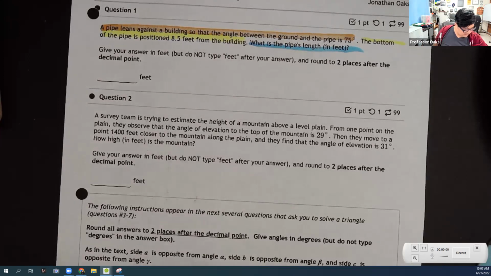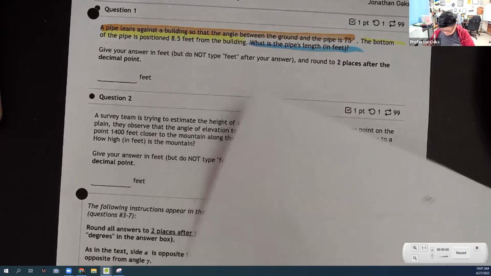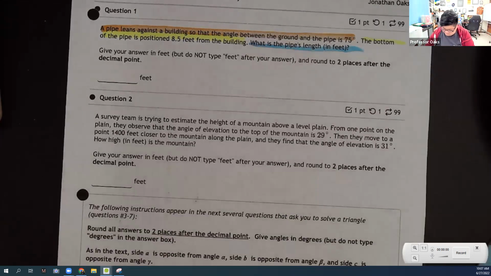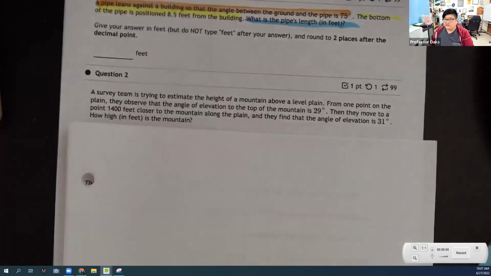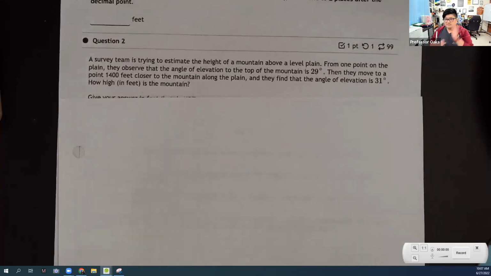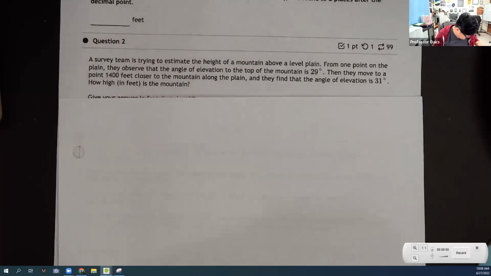All right, number two. So this is a common one where two triangles are involved. A survey team is trying to estimate the height of a mountain above a level plane.